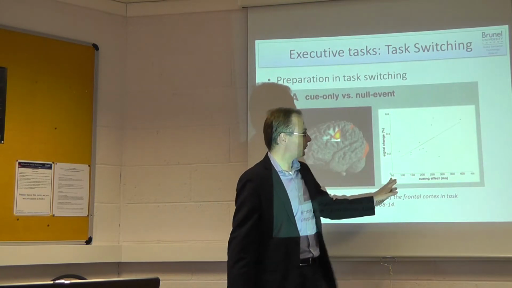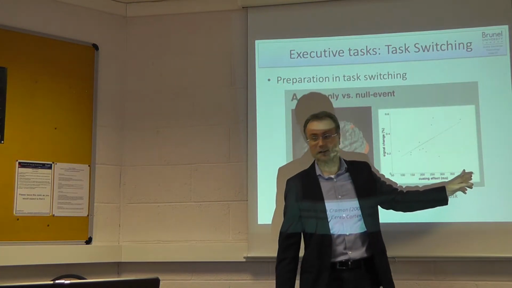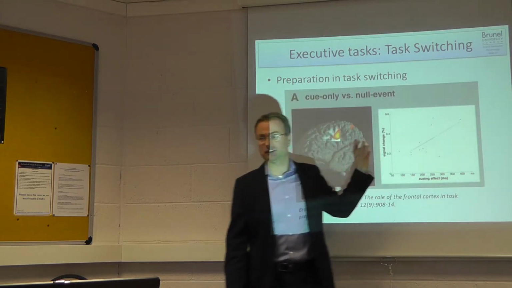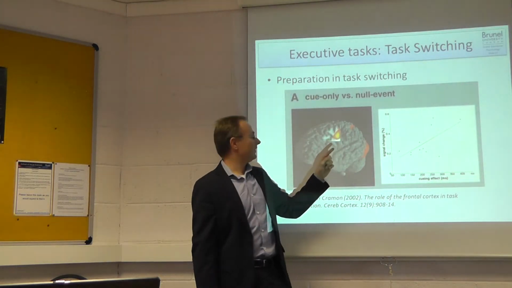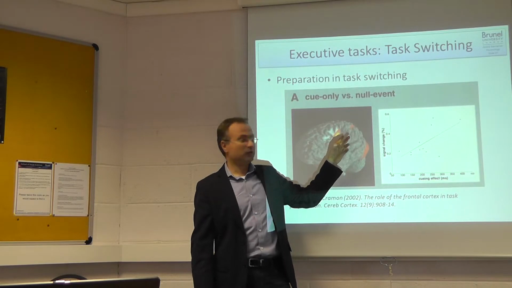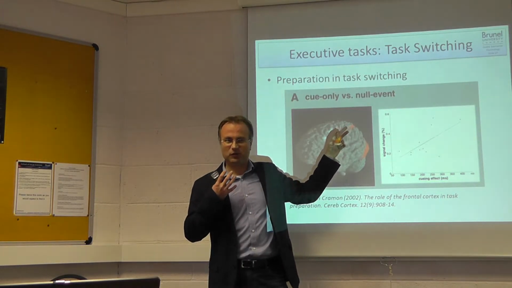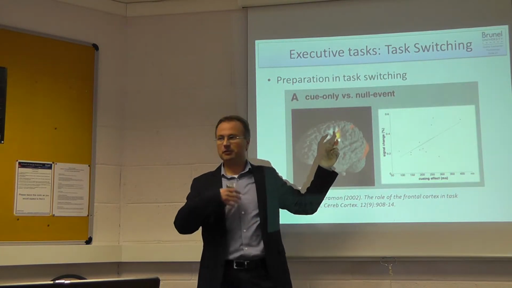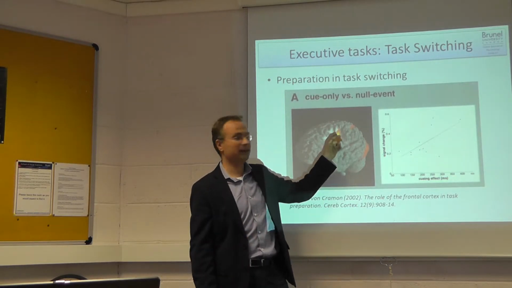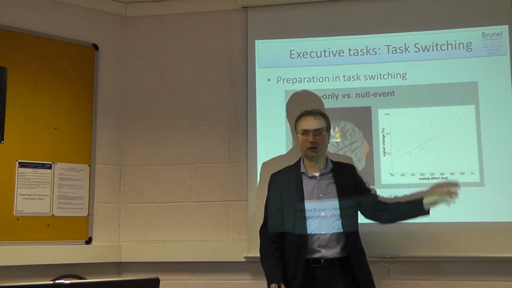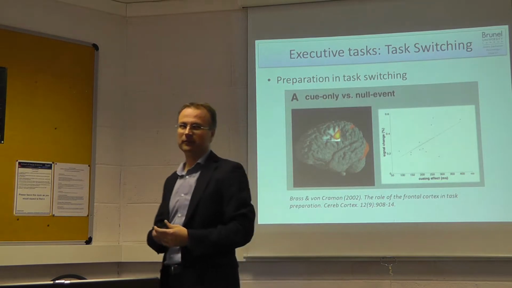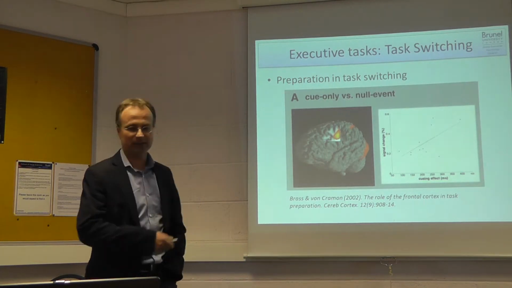And this graph shows the more you gain, the higher the activation. So in a way, the more juice people put in here, the more effort that people put into preparation, the higher the activation and the stronger the behavioral benefit. So there's a correlation.